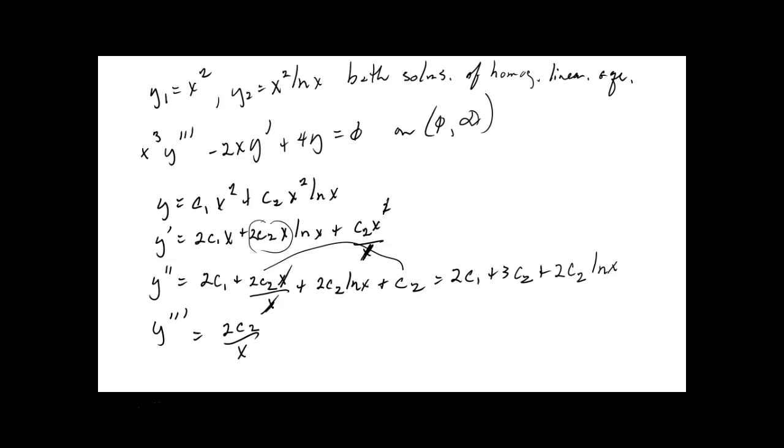Because this x cancels out the x cubed. Okay? So this would be 2c2 x squared. Okay? Minus 2x times y prime. Well, here's your y prime.